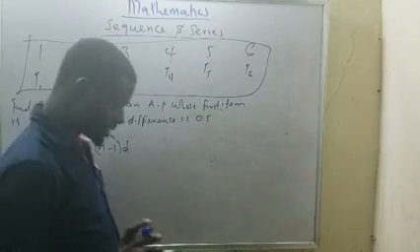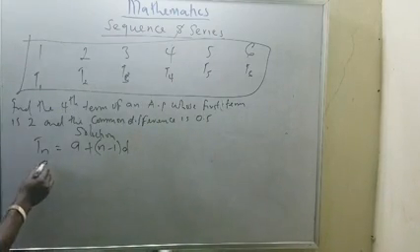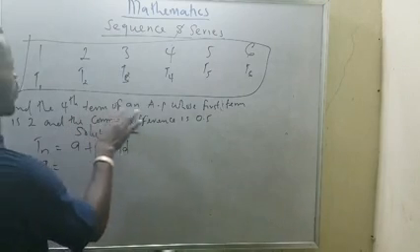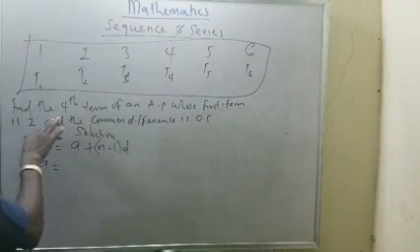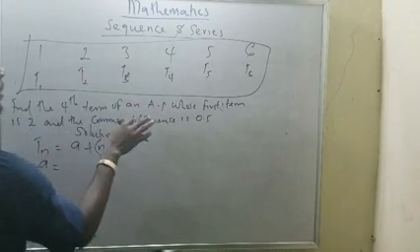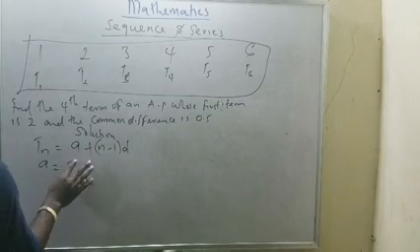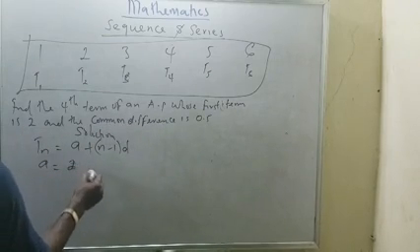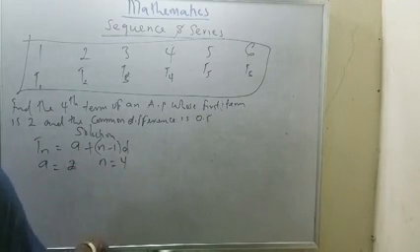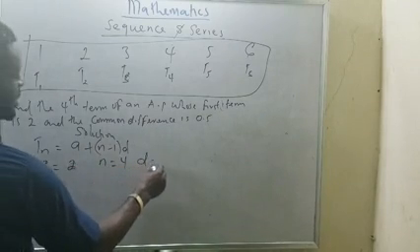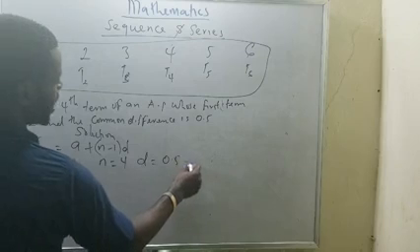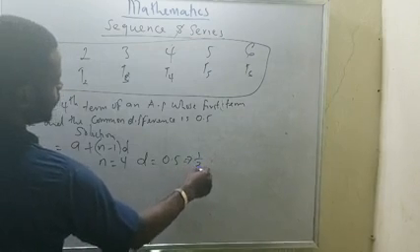Once I have something like this, my a on the question is the first term, which is 2. My n is equal to 4, and the common difference is 0.5, which can also be written as 1 over 2.